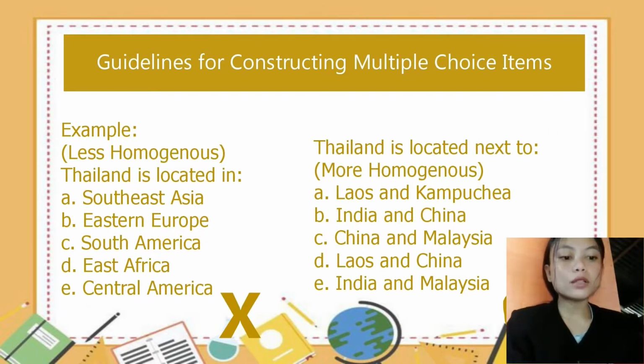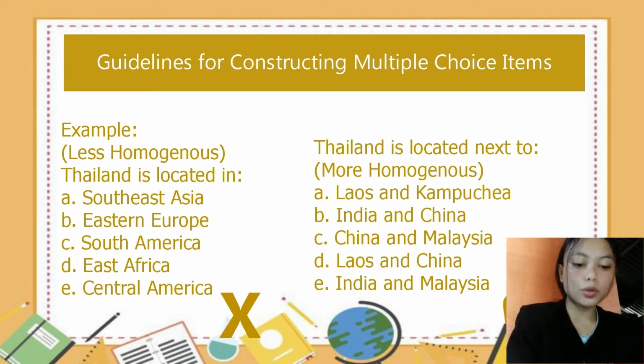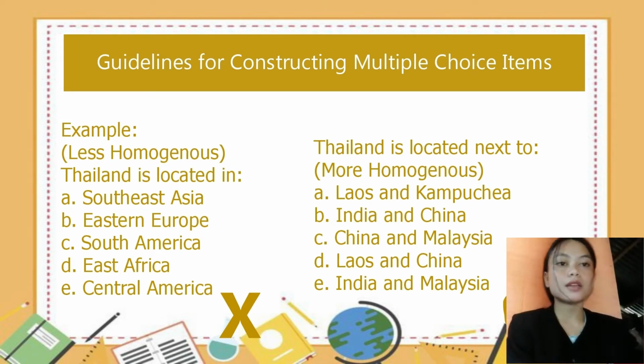Example: Thailand is located in A. Southeast Asia. B. Eastern Europe. C. South America. D. East Africa. Another example: Thailand is located next to Laos and Cambodia. B. India and China. C. China and Malaysia. A. India and Malaysia. And that's all.